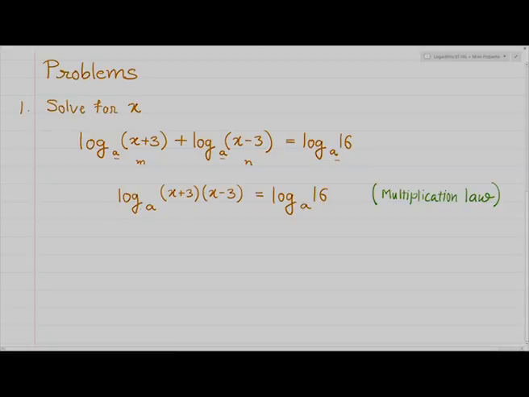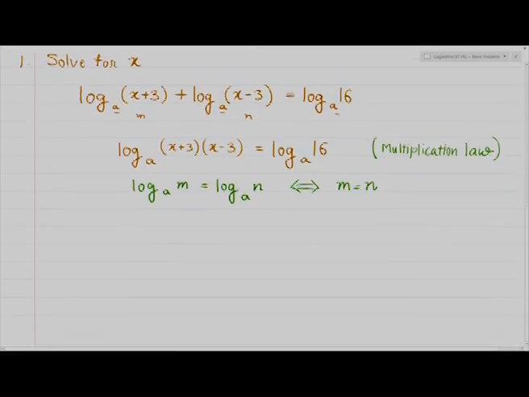Now, this can be further simplified, since I am saying log to the base a of m is equal to log to the base a of n. This can happen only when m is equal to n, isn't it?